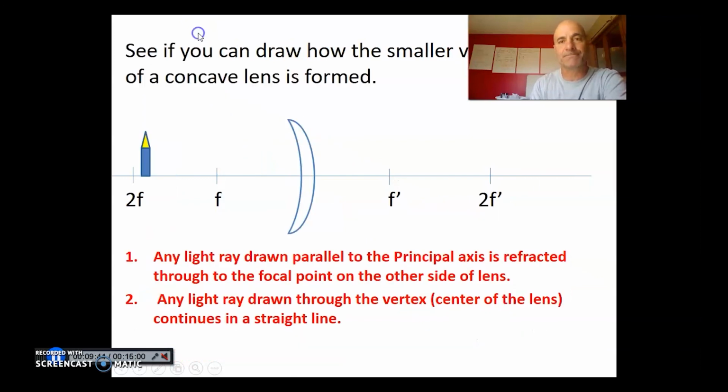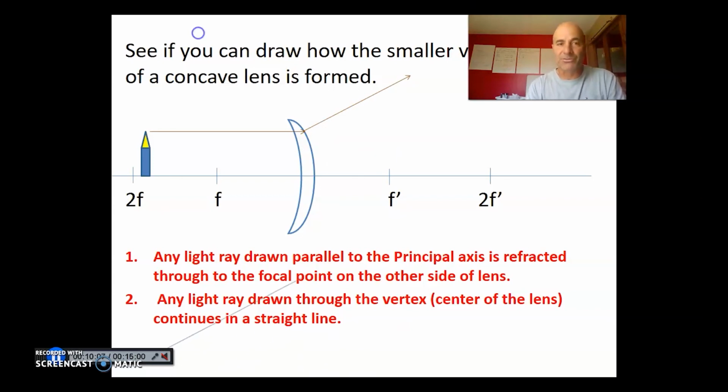And larger. Okay, now this one isn't on your paper, but this is a concave lens. If you want to try it, go ahead and put this on pause and try it on your own. But basically, it's the same thing I'm going to show you right now. You draw your first line parallel, then it goes up there.